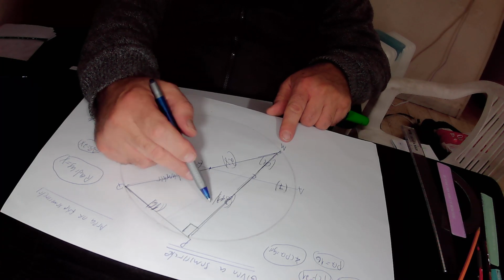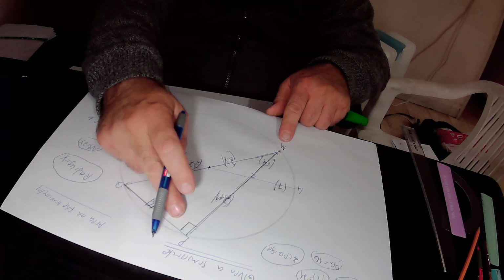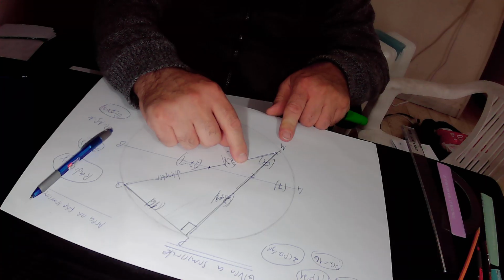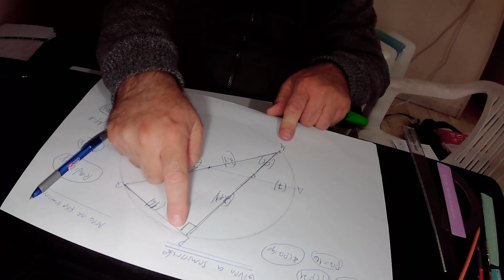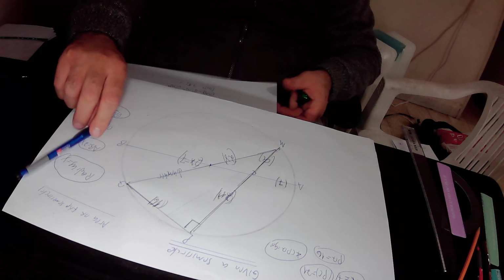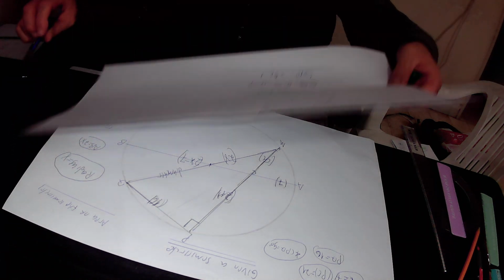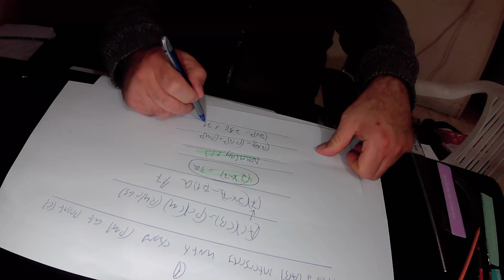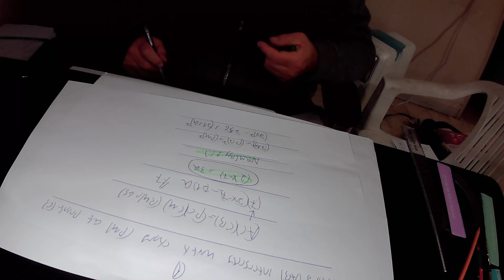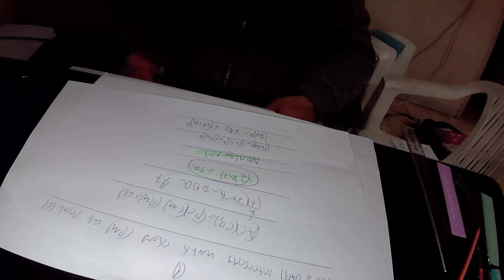PM in total is PC, that is 21, plus CM, that is 8. So in total PM is 21 plus 8, therefore PM squared is 21 plus 8 squared. So 2x squared equals 256 plus 21 plus 8 squared.